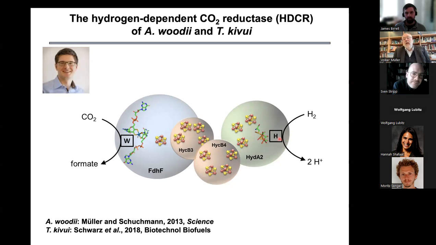Here's the H cluster. And then we have strings that we postulated to be strings of iron sulfur centers that connect both catalytic subunits. And that enzyme has now been purified from Acetobacterium woodii, but also from the thermophile Thermoanaerobacter kivui by Kai Schuchmann here on the left and Fabian Schwarz here on the right.